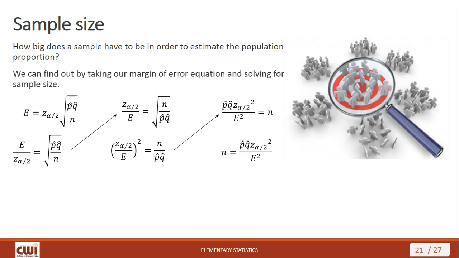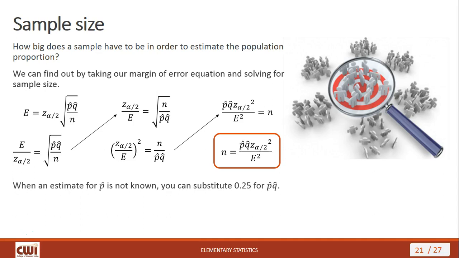So I'm just going to flip everything around, and that gives me the final equation for calculating the minimum sample size that I need to estimate a population proportion. n equals p hat q hat times the square of my critical value z-score divided by the square of my margin of error.